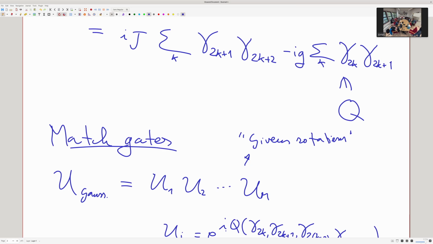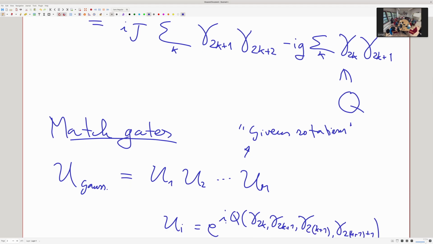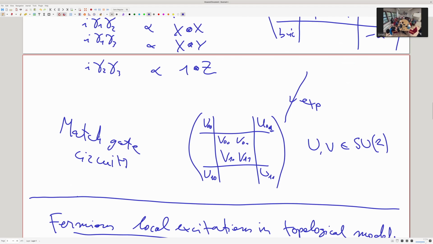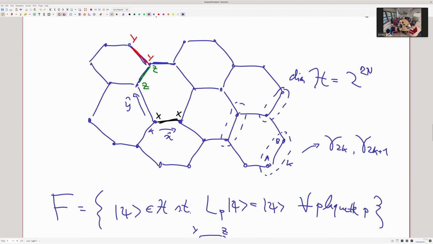So the reduction from 2 to the power of 2n to 2 to the power of n comes because you project into a subspace of the two spins, right? Because you have two spins in one unit cell. It would be a 4-dimensional space, but you only consider one fermion out of it, so you lose two states. Pictorially, you can say that I create a fermion out of two spins.